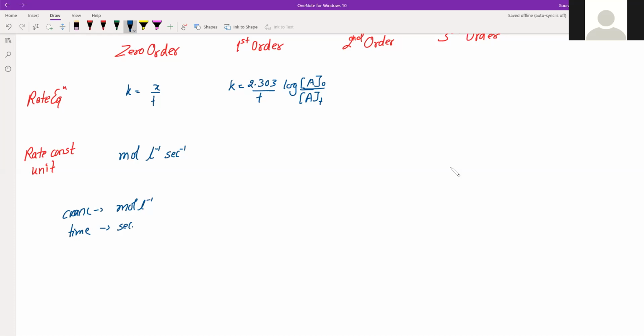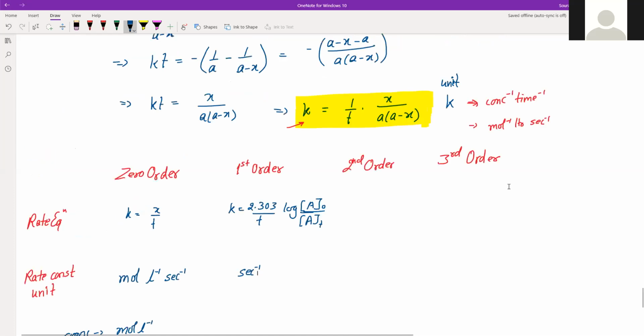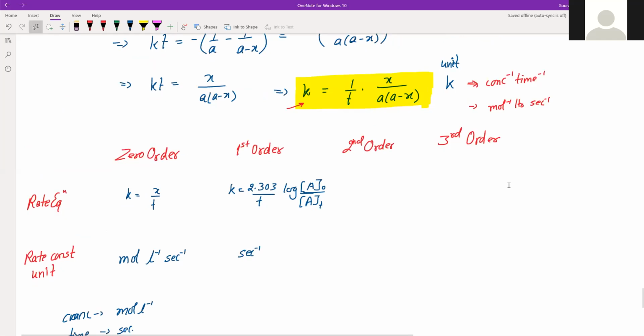This will be only per second, because the log part is anyways unitless. In second order reaction, we have reciprocal of mole per liter and per second. So per second is always there, but now it is the reciprocal of the concentration term, that is liter per mole per second.